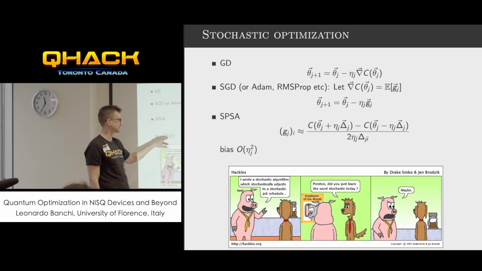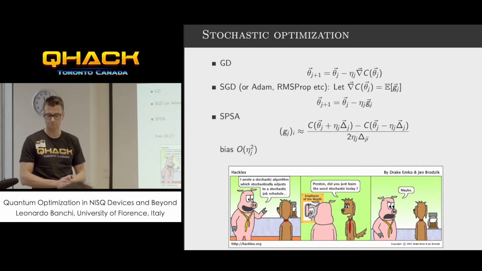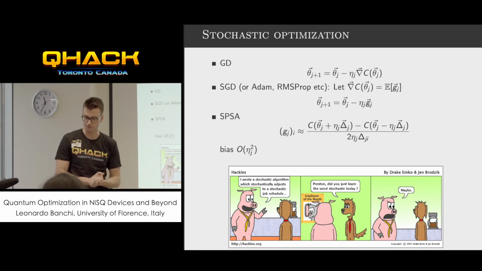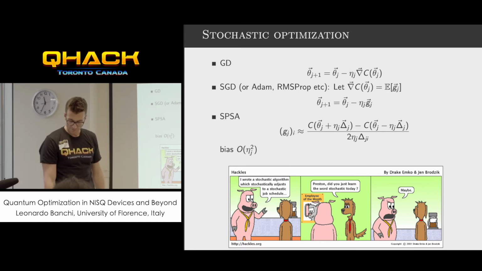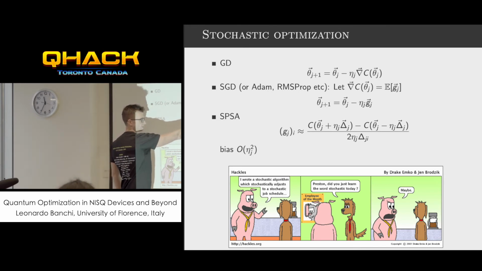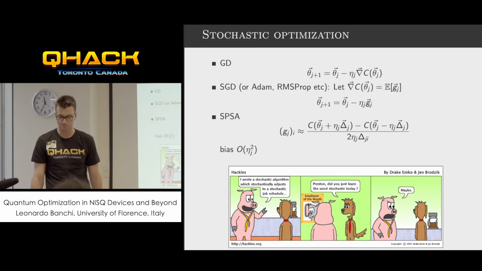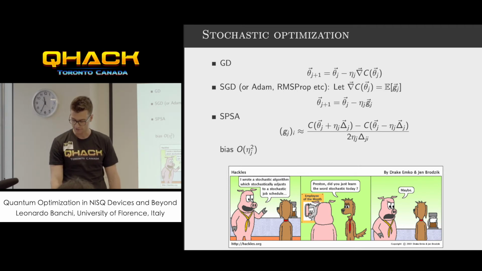But the bias is quite small. And it has been shown that this algorithm converges and basically also converges to a global optimum of the cost function. So it seems that here you introduce extra noise via these parameters in order to somehow escape from local minima and then go to the global optimum.